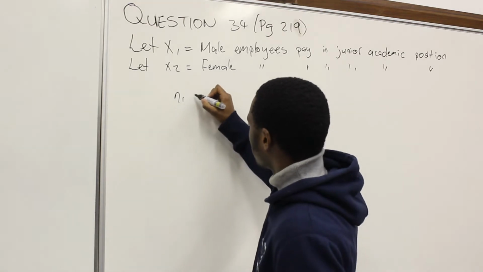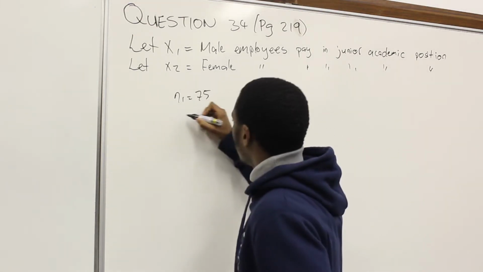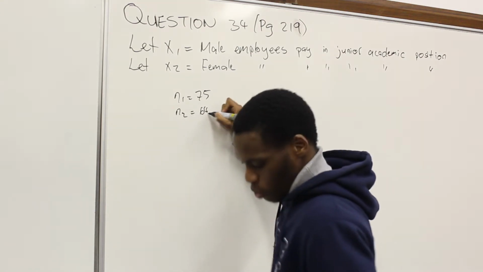So what is given to us is that n1 is equal to 75, and n2, the sample, is 64.